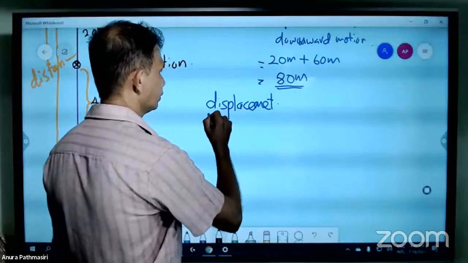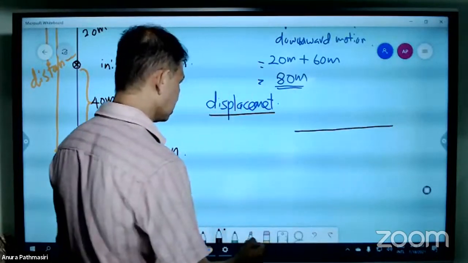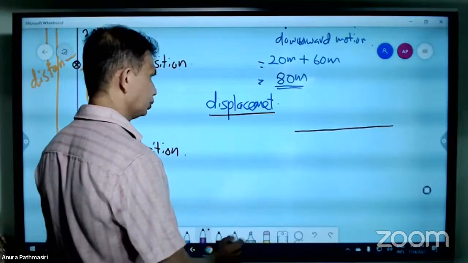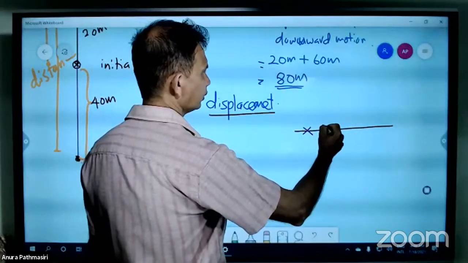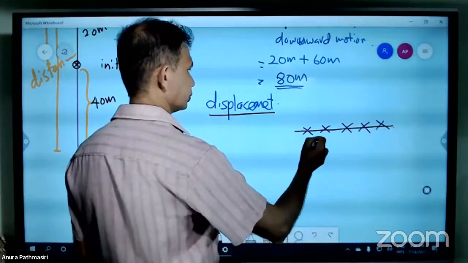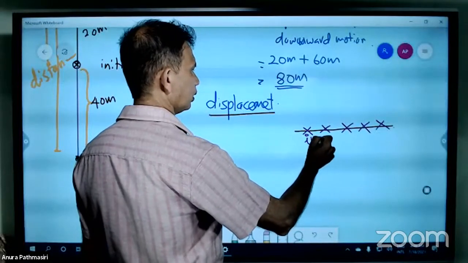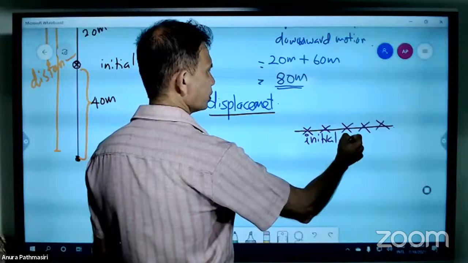So this is the boundary to indicate the initial position.